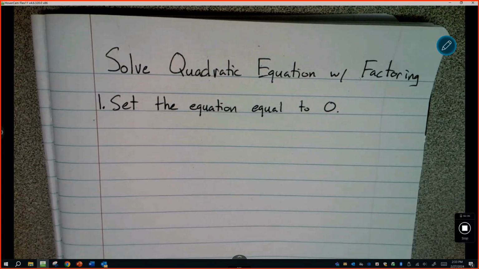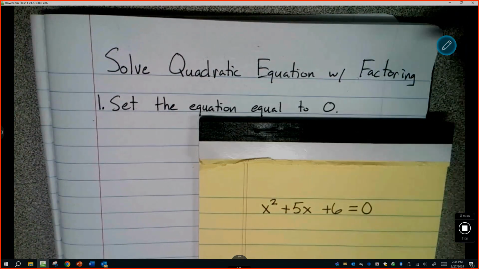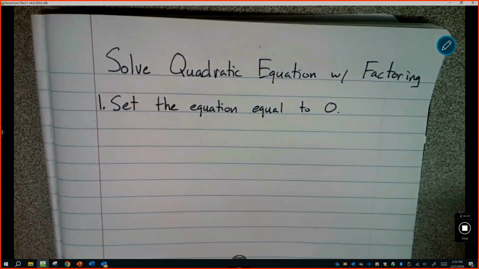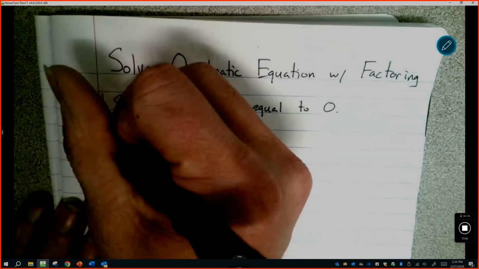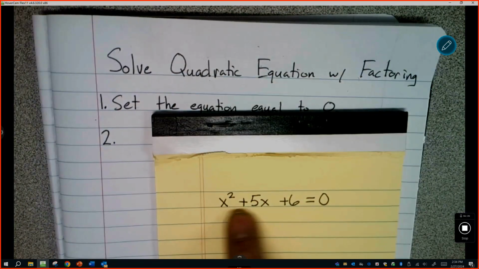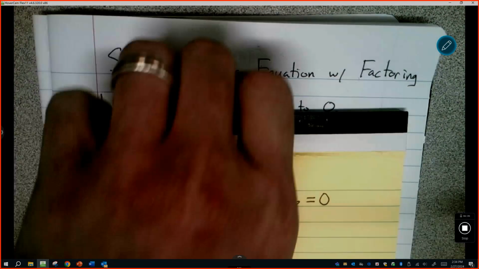Once you have that equation set equal to 0, that's when we're going to factor. So we're going to factor our quadratic, and that's going to help us find the solutions, or the x values that are going to plug into this equation and make the left side of the equation equal to 0.